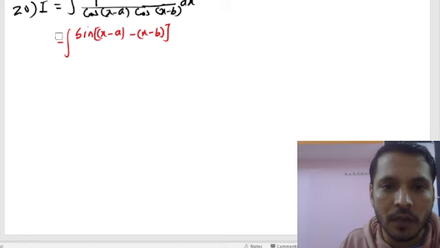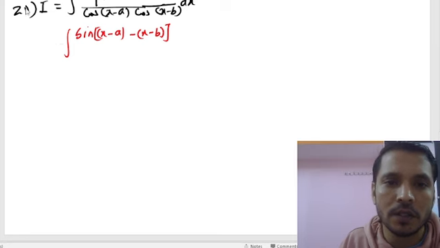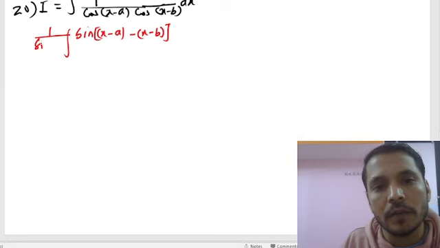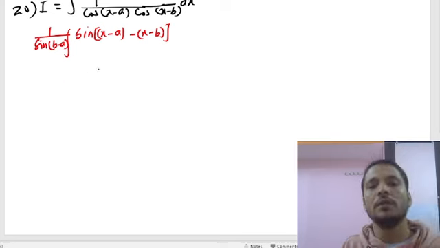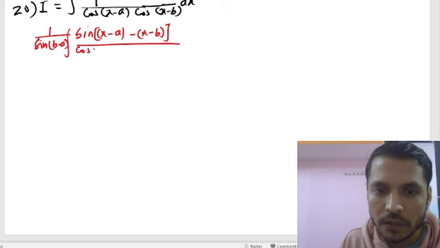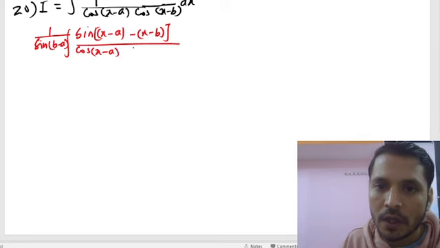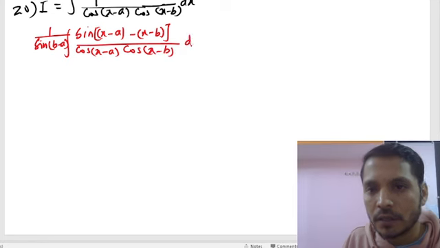Here we are multiplying and dividing by sin b minus a, and the denominator part will be as it is, cos x minus a into cos x minus b, and dx as it is.